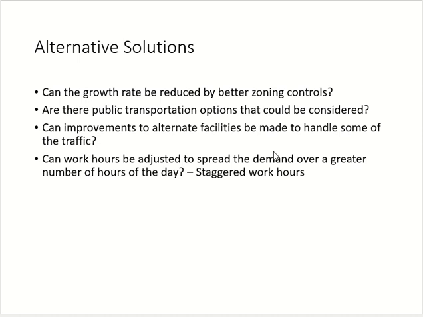Another thing is to provide them better public transportation, metro, good buses, and so on. So people will use fewer cars and more buses, so the number of cars will become less. Second thing is to improve the alternate facilities. If you look at the Vision 2030 or 2050 of Bahrain, especially for the transportation sector, you will find that they are building many highways for areas which already have major highways.